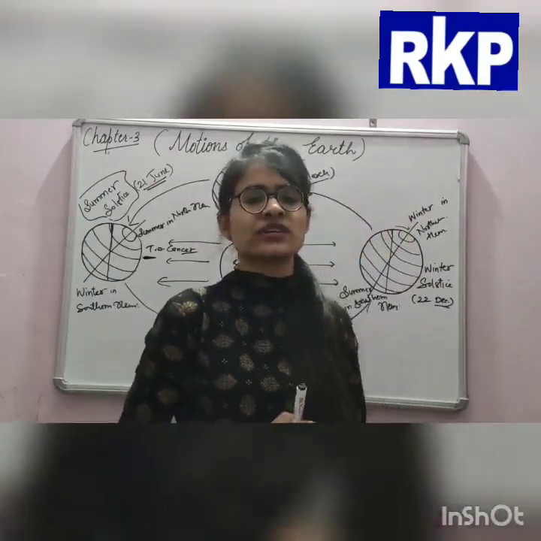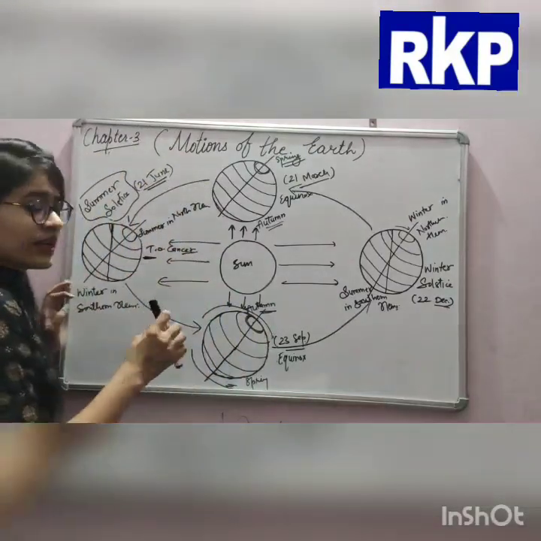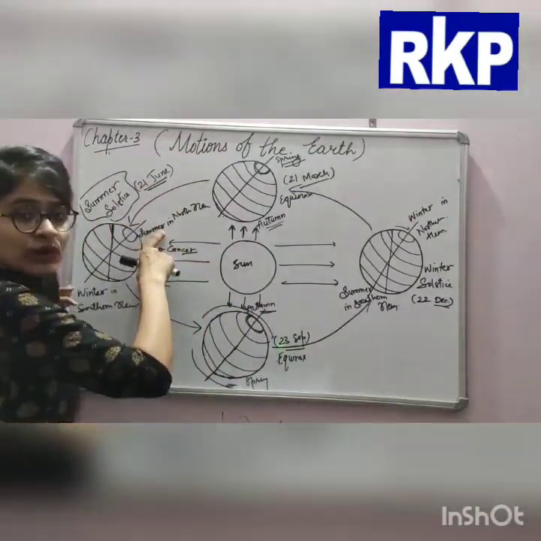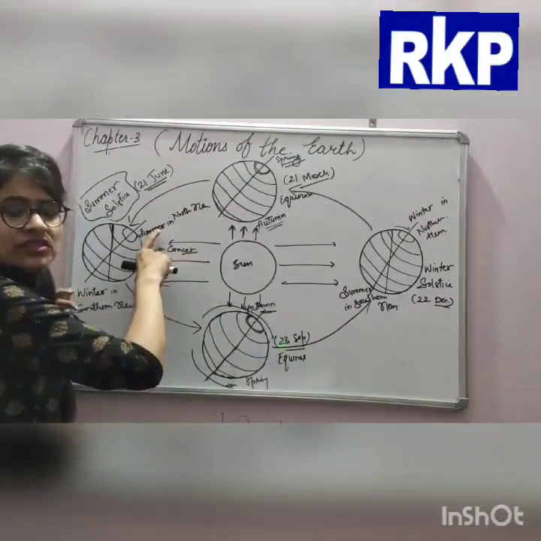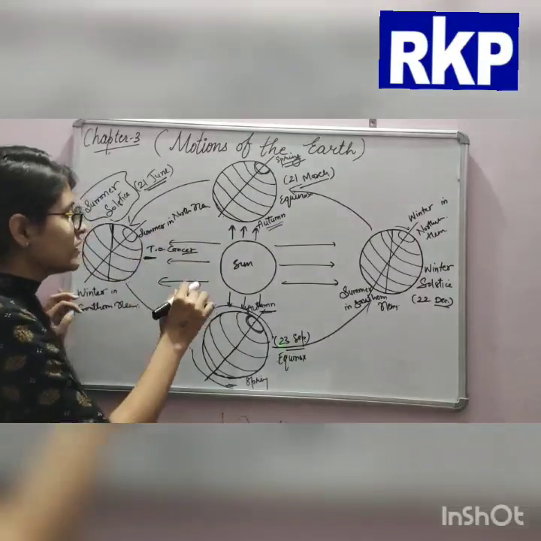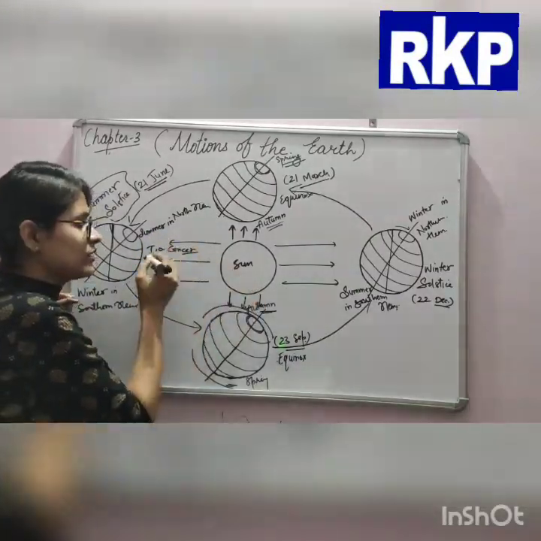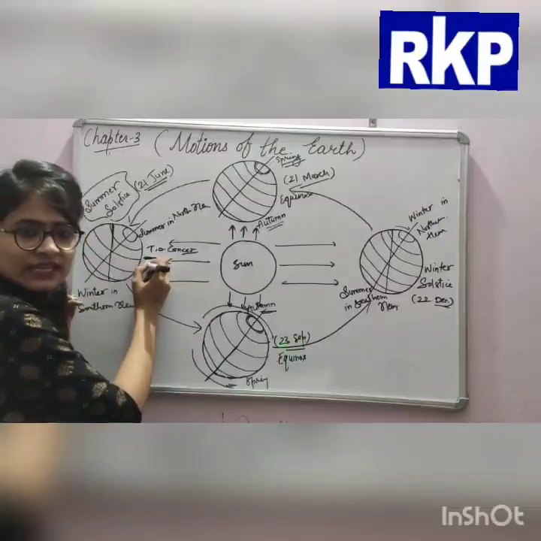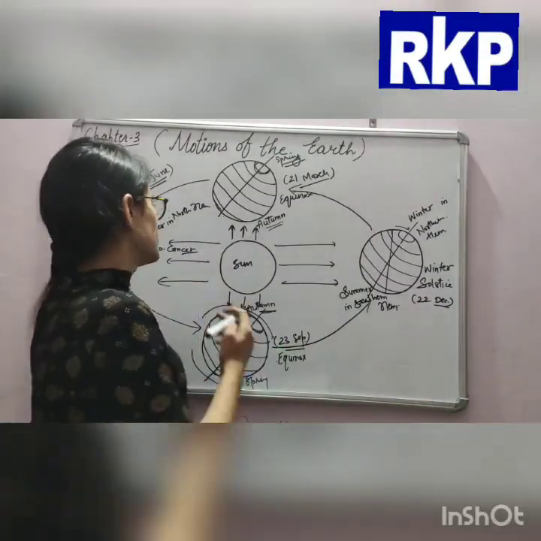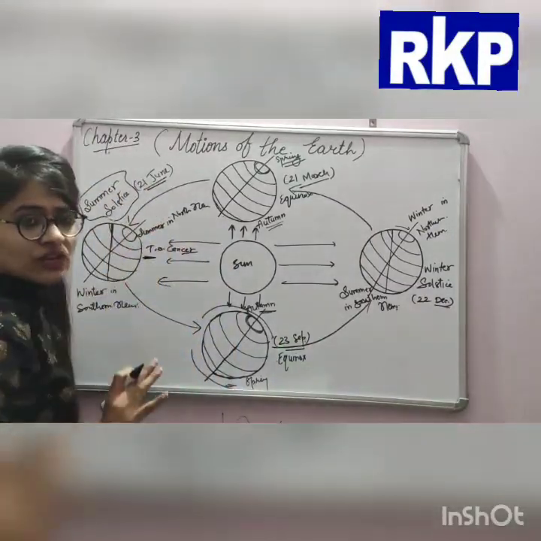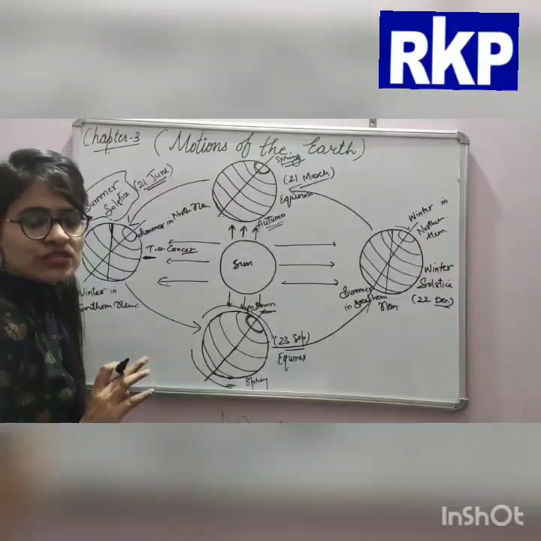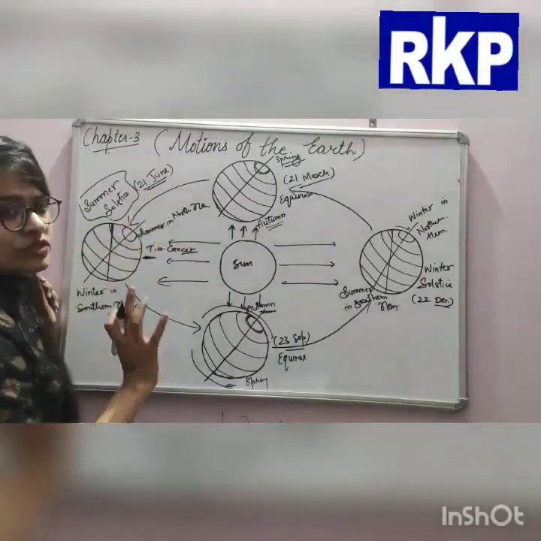In summer solstice, the northern hemisphere is tilted towards the sun. Then the direct rays of the sun fall on the Tropic of Cancer, and this position of the earth is called summer solstice. This happens on 21st June.